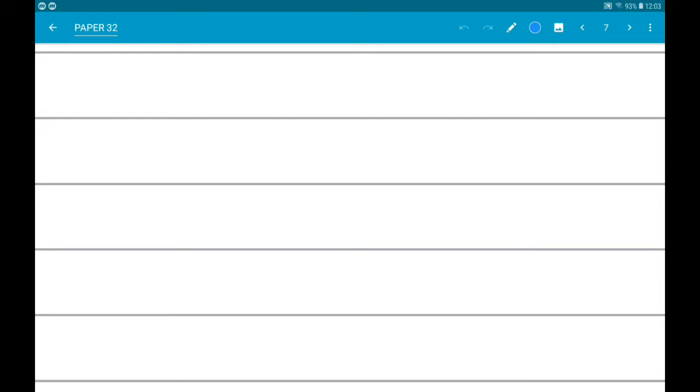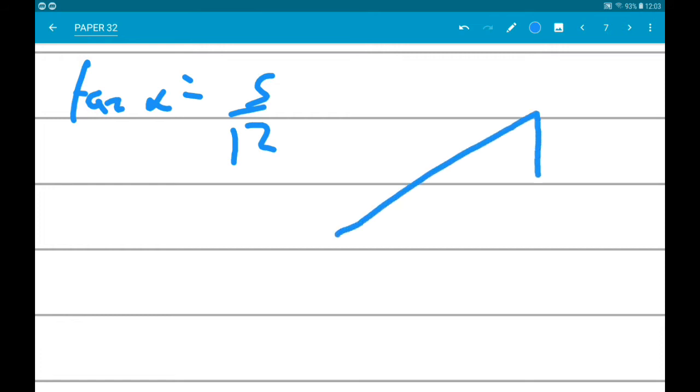Alright, so I'm going to start with what we know about alpha. So we know tan alpha is 5/12. That means there is a right-angled triangle with an angle alpha where the opposite is 5 and the adjacent is 12.